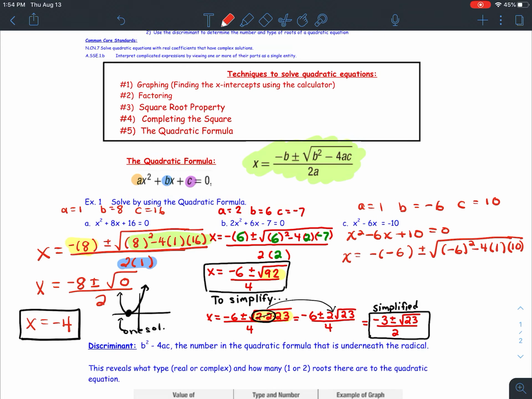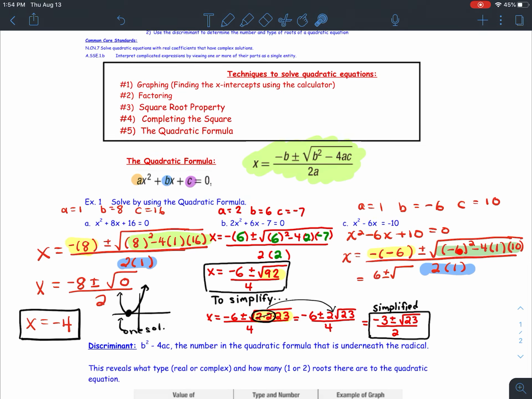Okay, again, we're going to set up negative B, so we got a double negative there, plus or minus the square root of b squared minus 4 times a times c, and that is all over 2 times a. Okay, we're going to simplify each of these 3 sections.